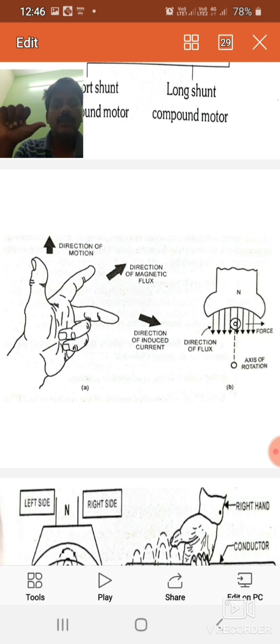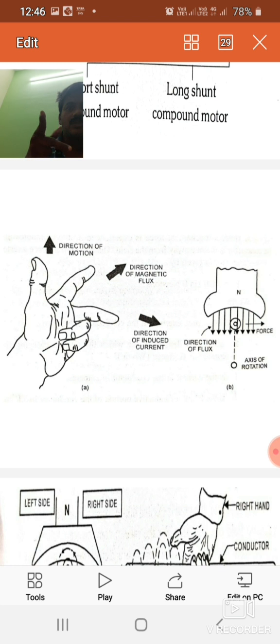The thumb is in the direction of the motion of the conductor, and this shows the direction of the magnetic field. That is the current direction, the magnetic field direction.